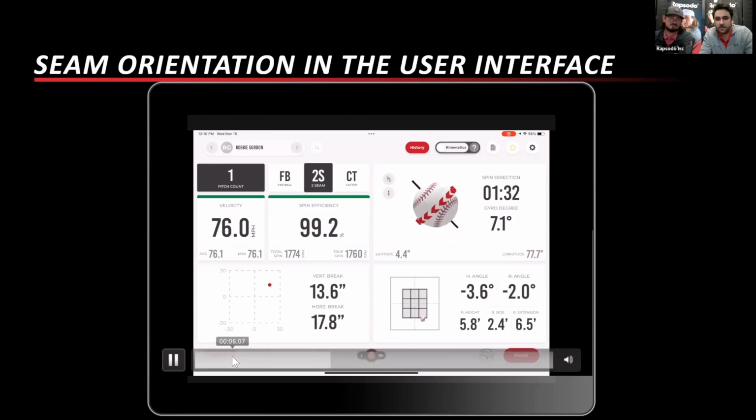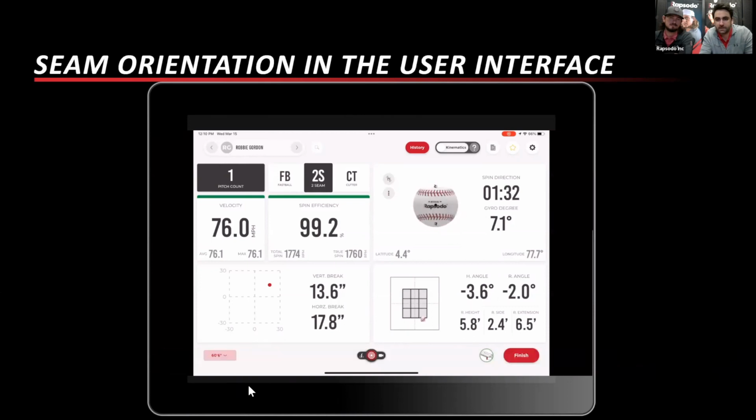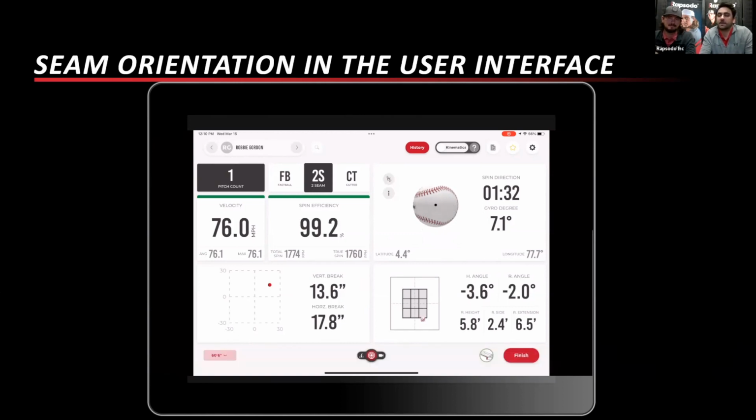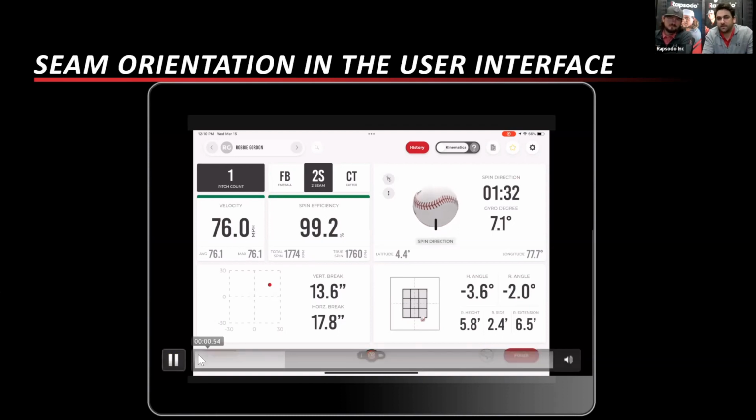I'm going to do that one more time, just so we can see it again. This goes back to the origin, then goes to the longitude, latitude. What I like about this is that this is really showing you the point that your ball is rotating around. And what's important is that this is the positive spin axis, so this is the point that the ball is rotating counterclockwise about. And then it's going to rotate into spin direction and gyro degree.